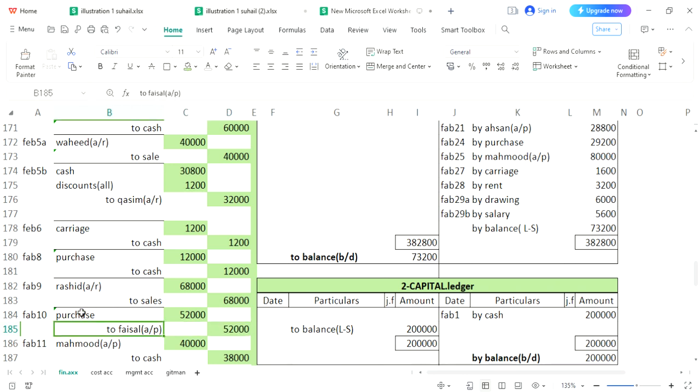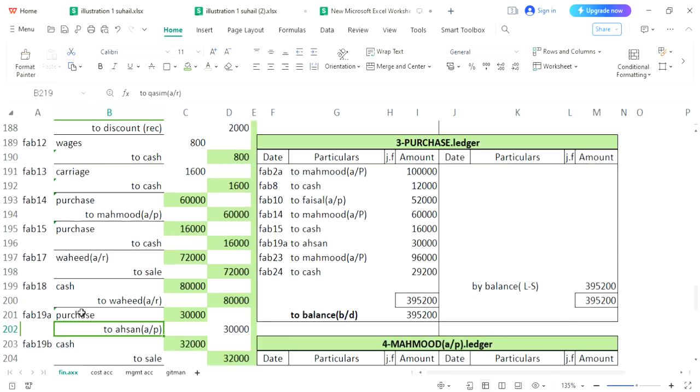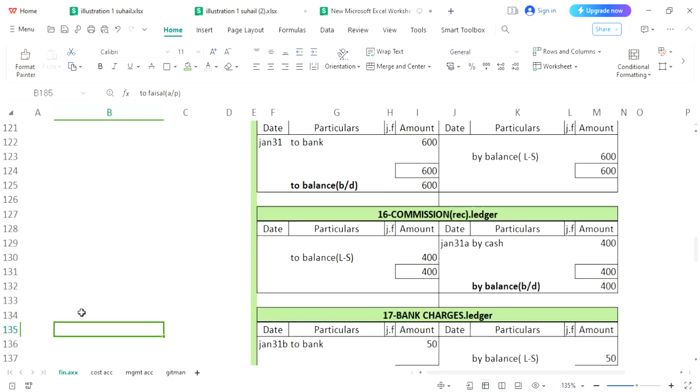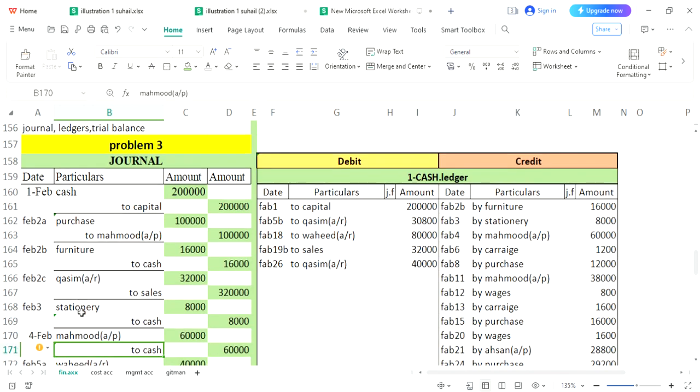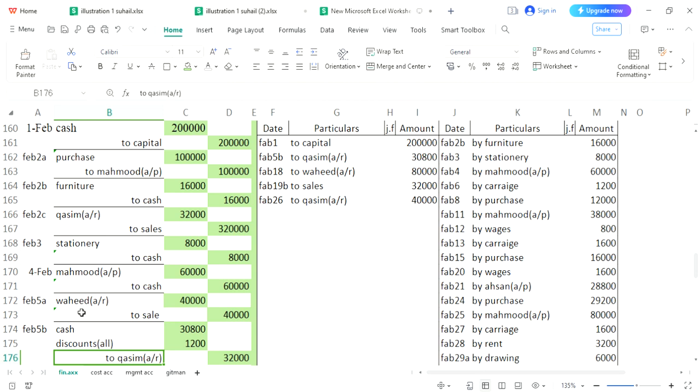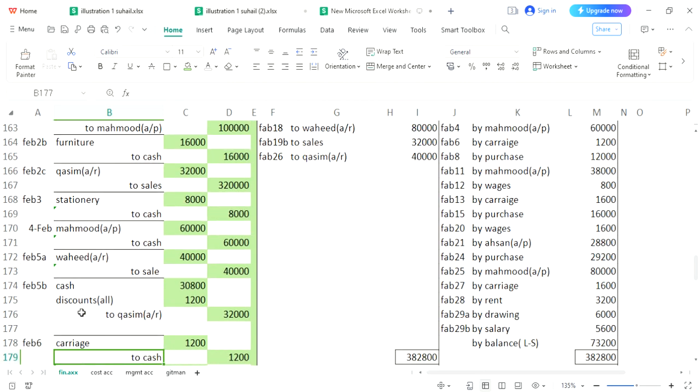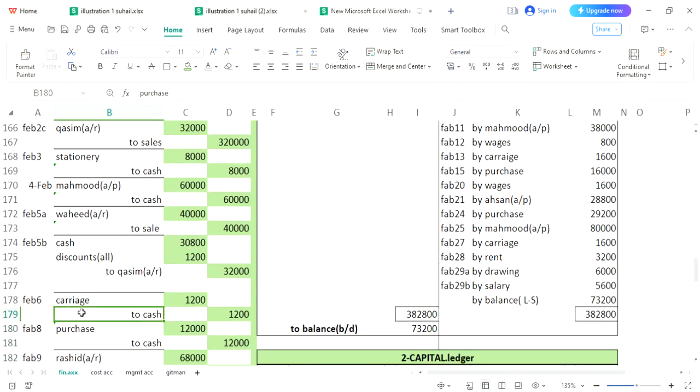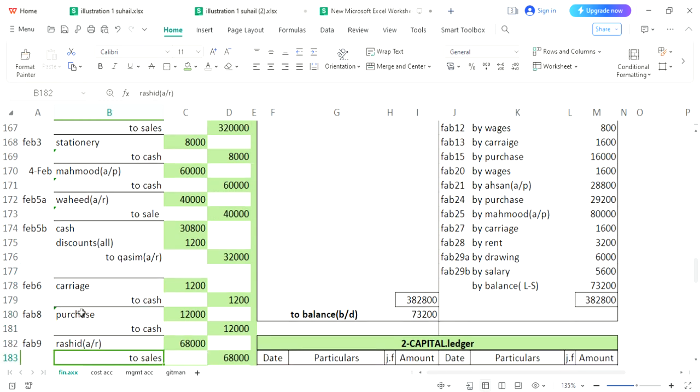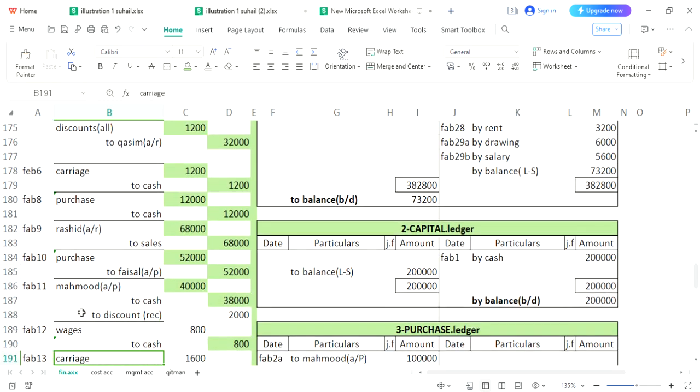Making the ledger of Faisal. Now we are supposed to see whether Faisal is present at any other place. So our search was started from here, and we are looking for Faisal. All entries here are marked, so we may not be very attentive over here.